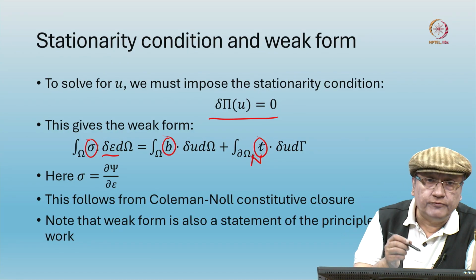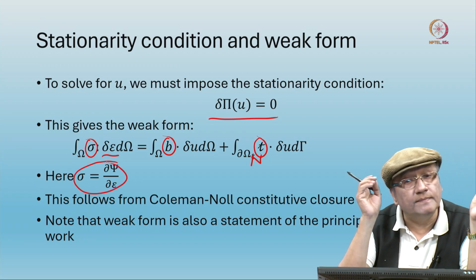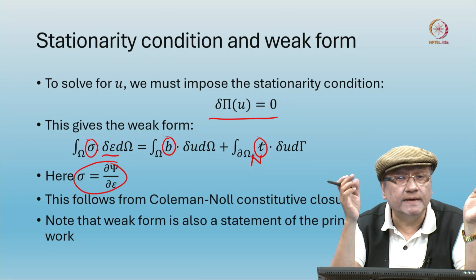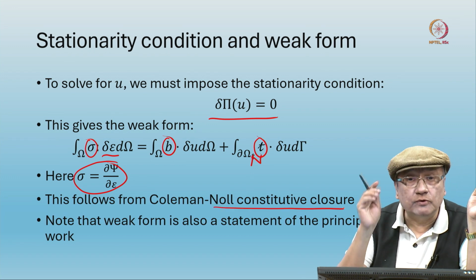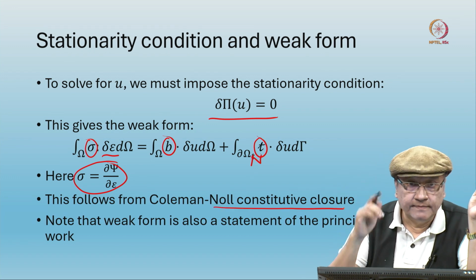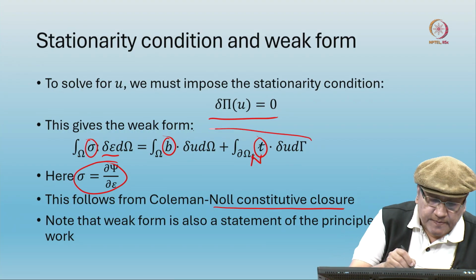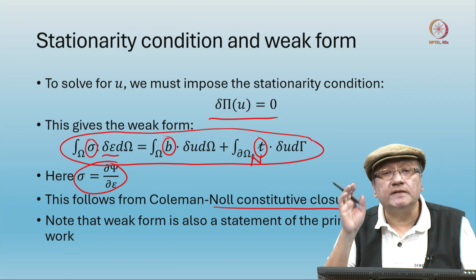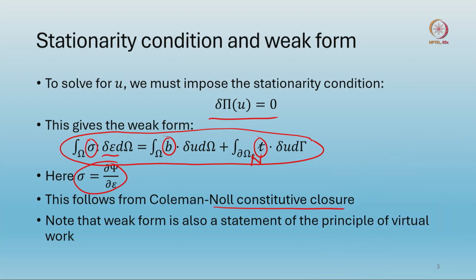Now, we already know from the Coleman-Knoll principle the closure condition, which is that sigma is given in elasticity as equal to del psi by del epsilon, the constitutive closure by Coleman-Knoll, which you need to recall. So, this statement is nothing but a statement of the principle of virtual work around the equilibrium position, which is u.